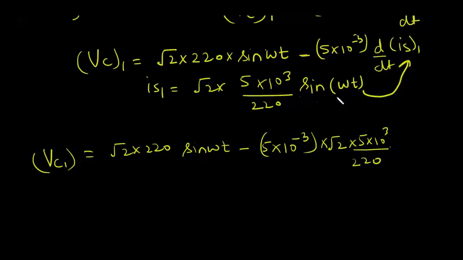Differentiation of sine omega t is cos omega t into omega. Now, as we are calculating fundamental components, omega is 2 pi into 50.